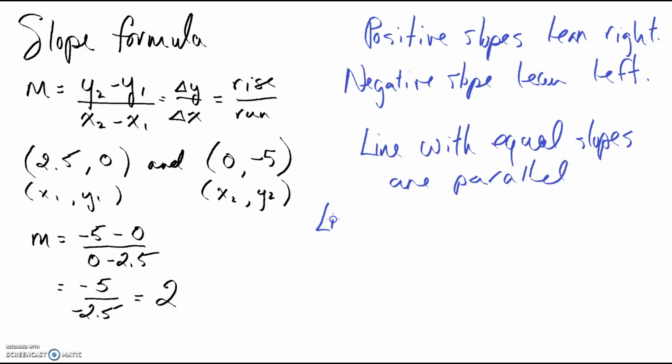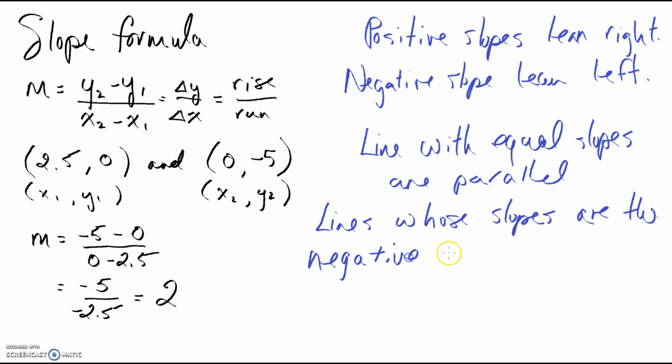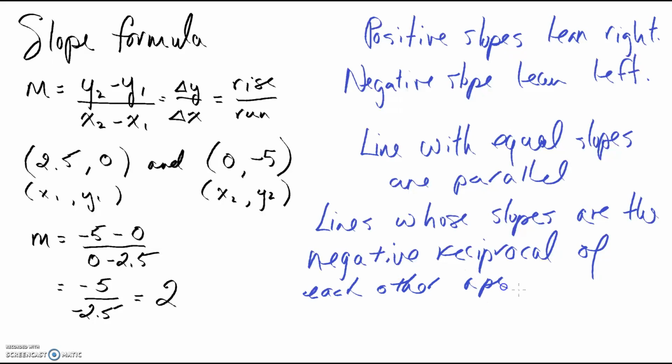And lines whose slopes are the negative reciprocal of each other are perpendicular.